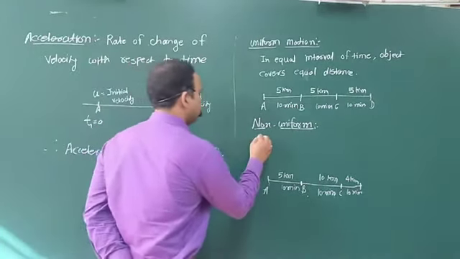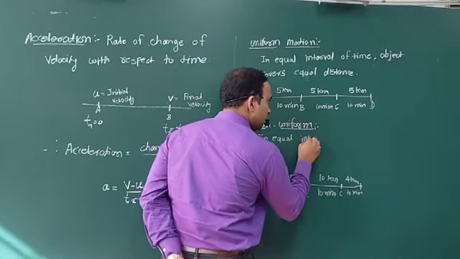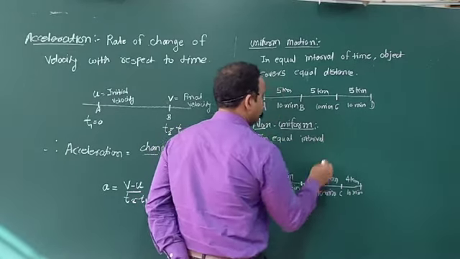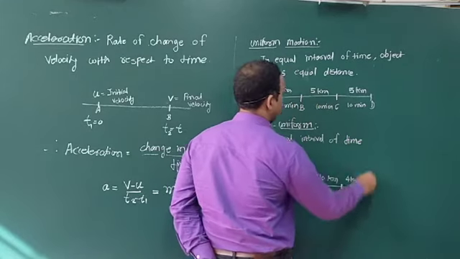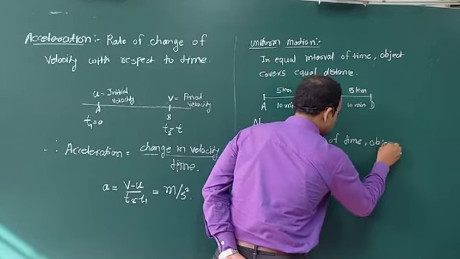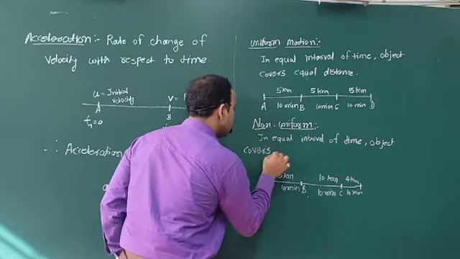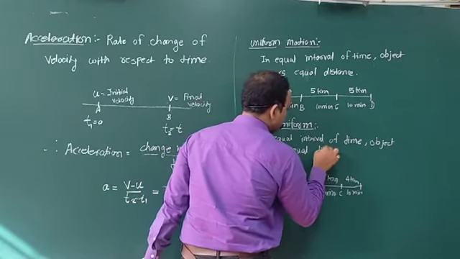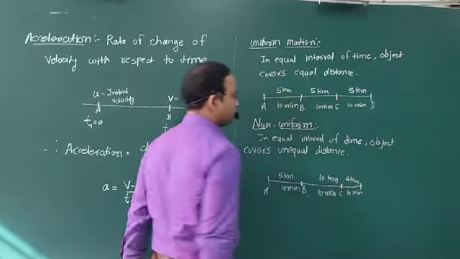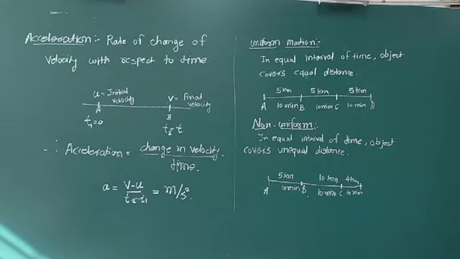That means in equal intervals of time, the object covers unequal distance. Such motion is known as non-uniform motion.